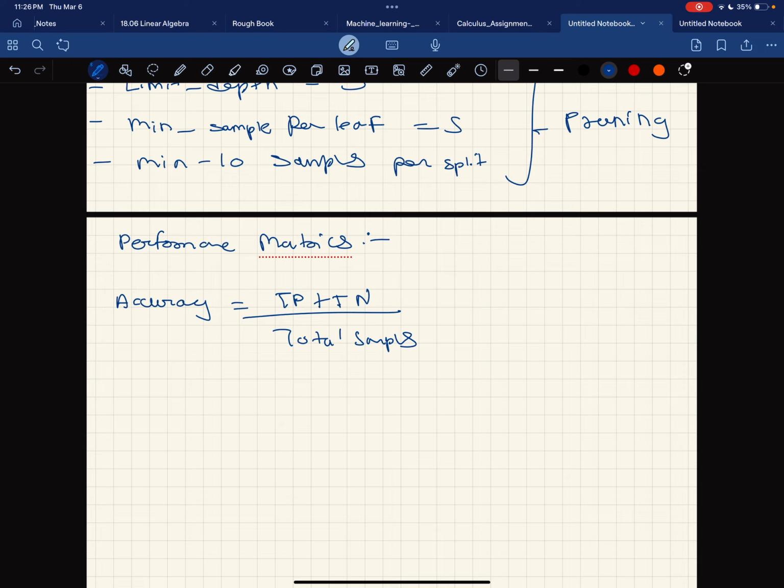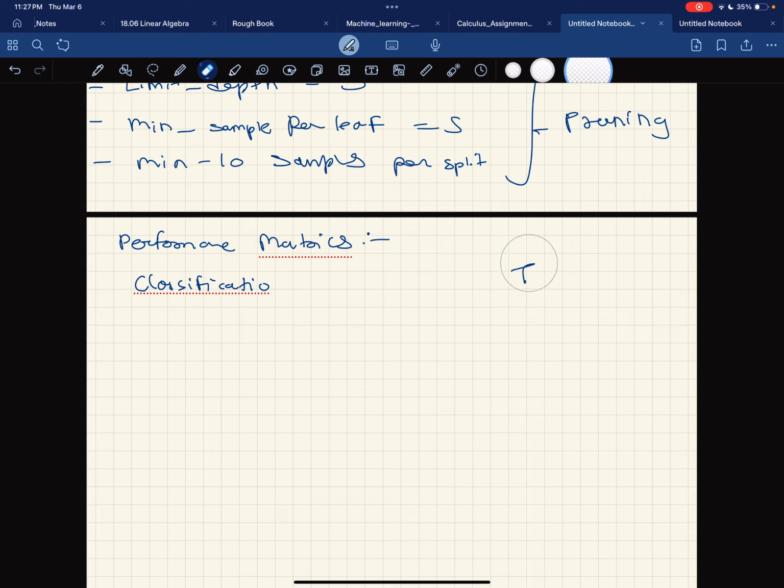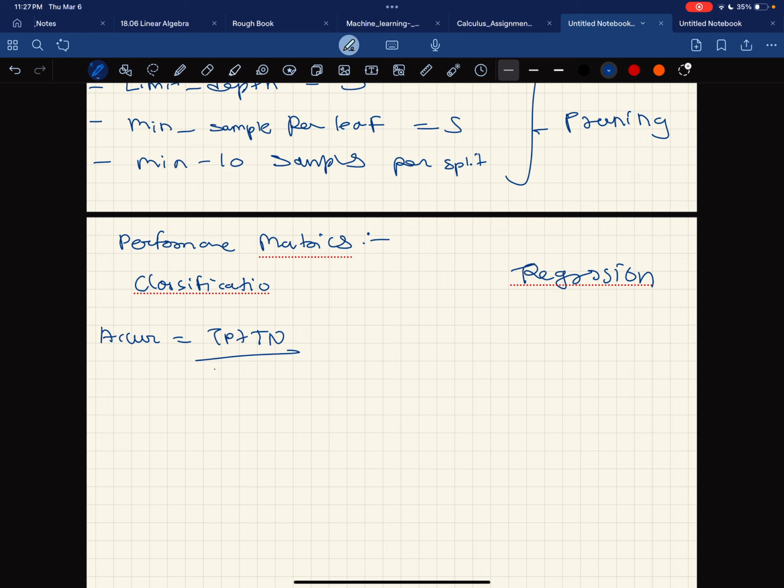Right, just a second. Yeah, so for classification tree, I already told you there are two types of decision tree. One is classification and another is regression trees. For classification trees, we use accuracy as TP plus TN upon total samples.